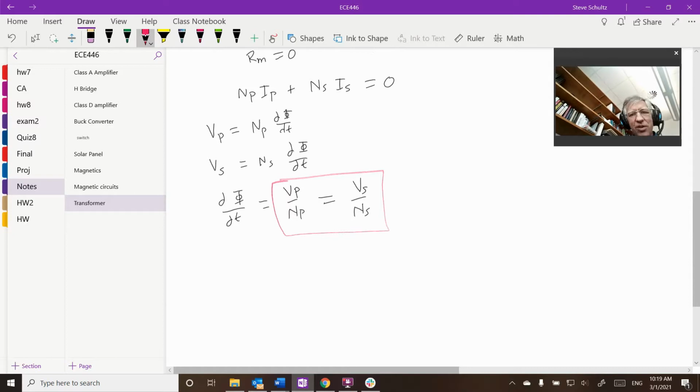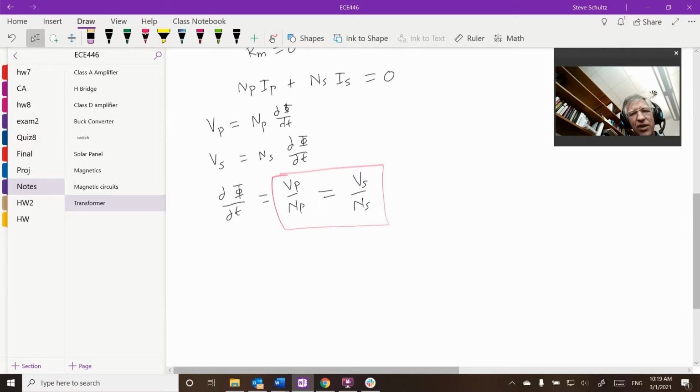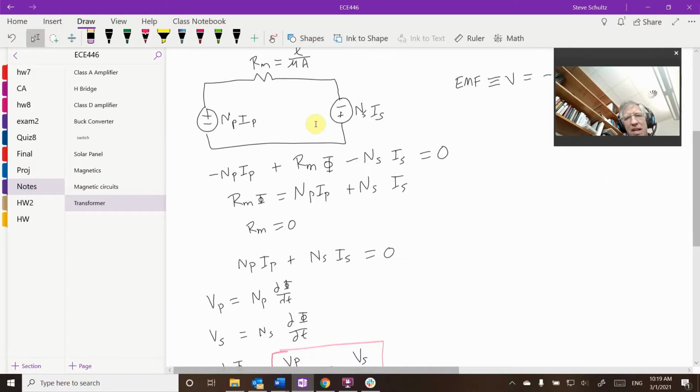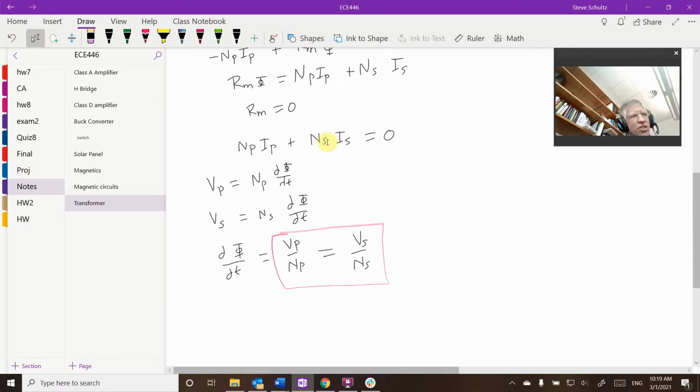And then we could use that to do voltages, and then we could do the same thing for the currents because the power balances. So let's kind of review this again. We basically were able to use our magnetic circuit to get this to all work out. And this is my ideal transformer.